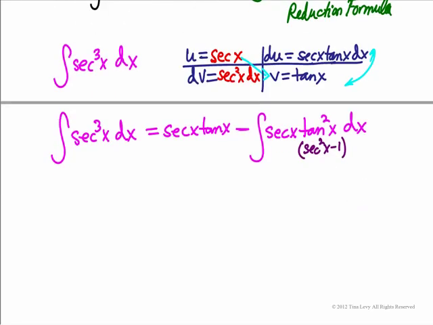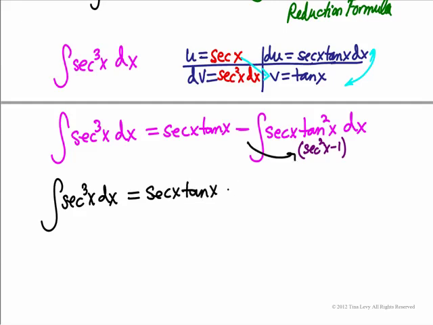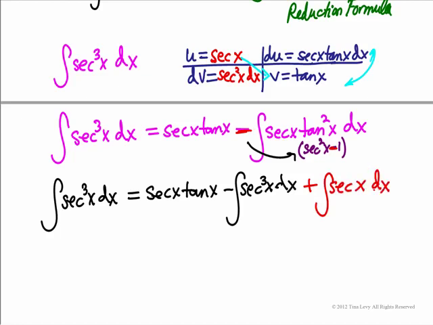Looking at this, look what I can write. I can say the integral of secant cubed x dx is secant x tangent x minus the integral of secant cubed x dx. But then I had minus a minus with the secant, which is plus the integral of secant x dx. But this can get added to the other side.